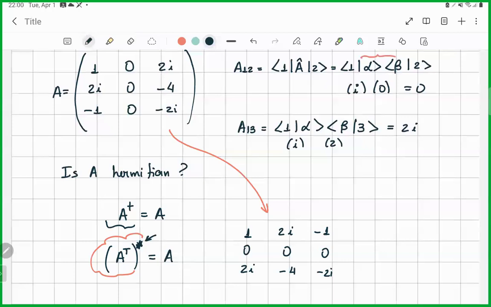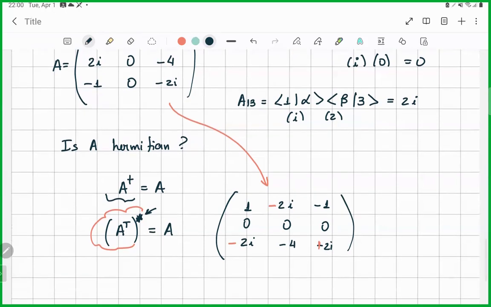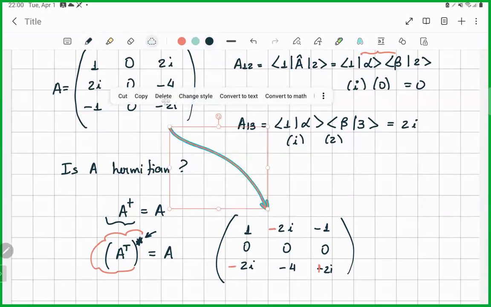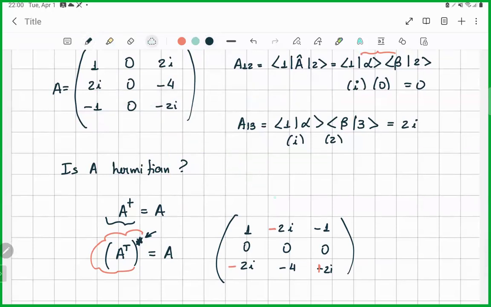So the star there. So when we do the conjugate of that, let's see. Well, whenever we have real numbers, nothing happens. But whenever there is I, we change the sign. No? So I'm changing the sign, changing the sign. So this is our Hermitian conjugate. Okay, so this is A dagger.